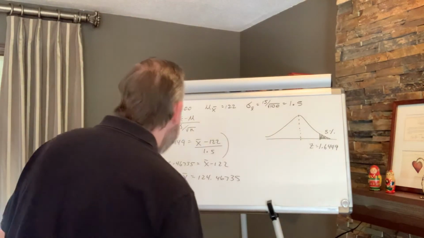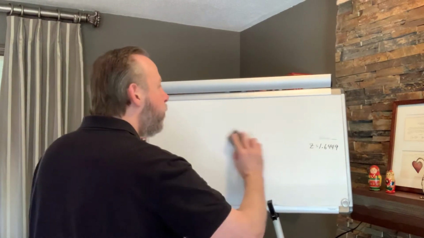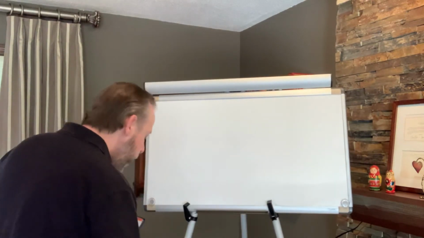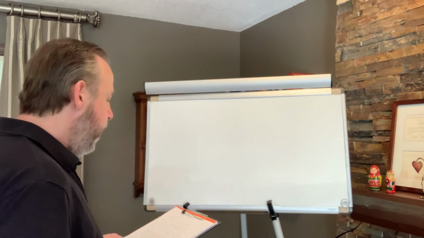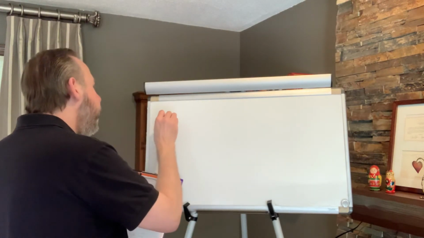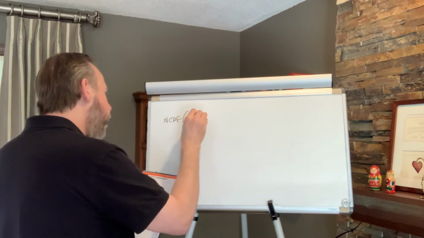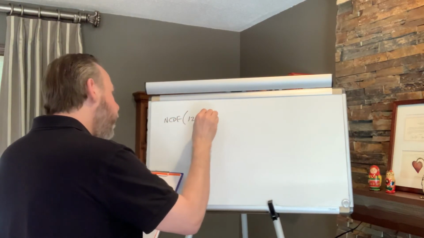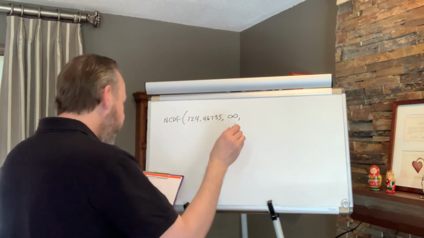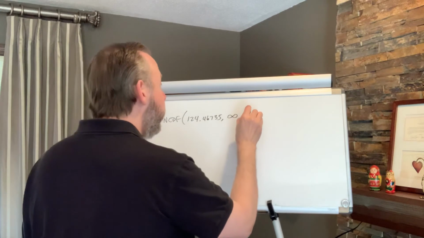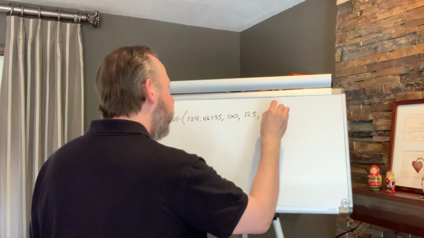So all we're going to use now is normal probability rules. Here's what we would do. What is the probability of finding a sample mean that we just found or higher, 124.46735 to an infinite bound, if the true mean is actually 125 with a deviation of 1.5?